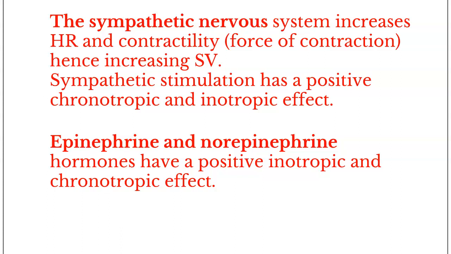Epinephrine and norepinephrine hormones have a positive inotropic effect and chronotropic effect, just like the sympathetic nervous system. That's why we call epinephrine and norepinephrine sympathetic hormones. So you should know the effects of the sympathetic nervous system on heart rate and stroke volume, and the effects of the hormones epinephrine and norepinephrine on heart rate and stroke volume.